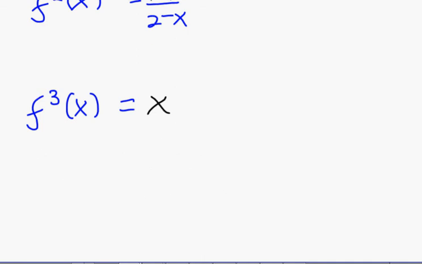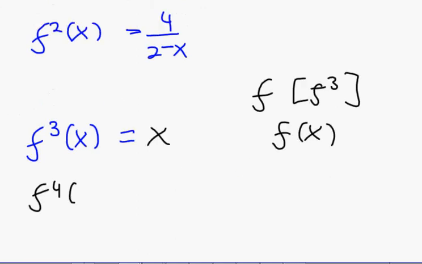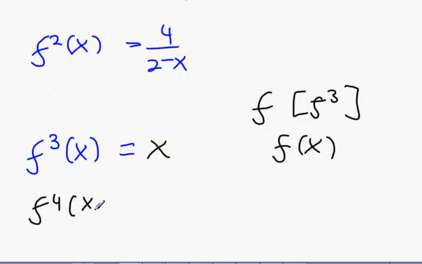Look, F4 is the same thing as F of F3, which is the same thing as F of X. And F of X is 2x minus 4 all over X. And then look at the next one, F2.